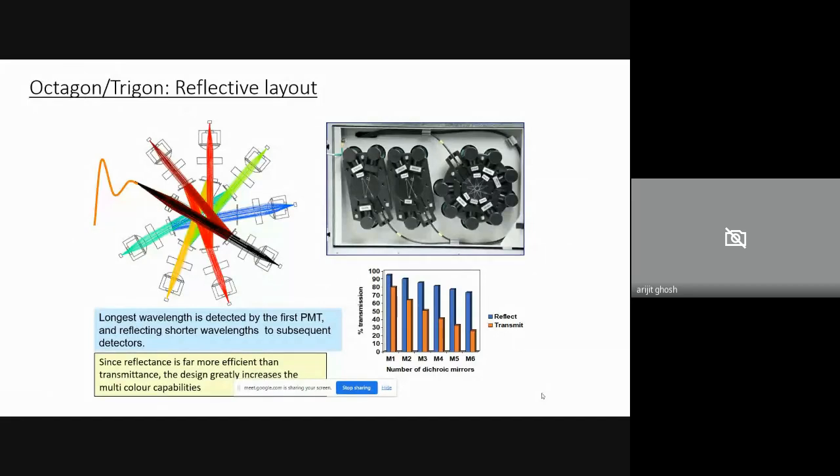So here in the octagon or trigon reflective layout, the quality of the signal is better than the transmittance layout or herringbone pattern.